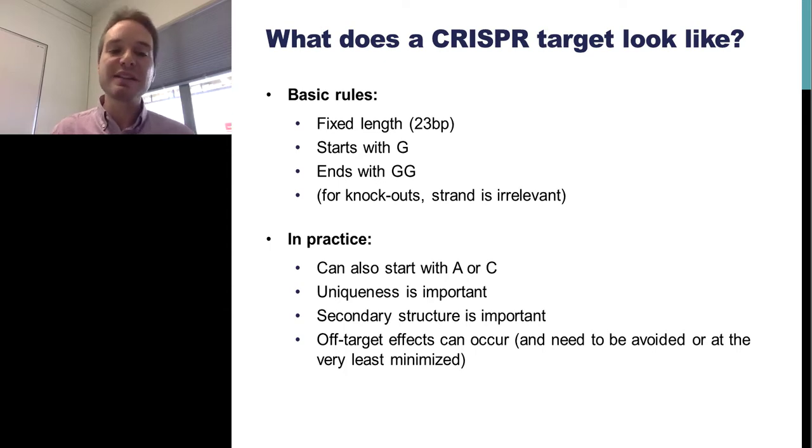They told me, you can start with A or C, it's fine. But what's really important is that, as I said before, that sequence is going to be unique. And they also told me the secondary structure is going to be important, and I'll get back to that in a few minutes. And also, we want to be careful about the off-target effects, as I mentioned multiple times already. And so that gave me the initial skeleton for what we wanted to do. And so based on these initial guidelines, I started to develop a detection method.